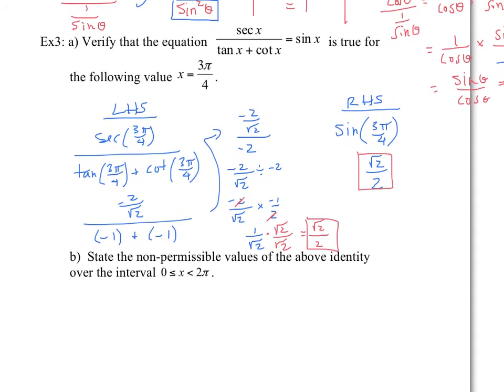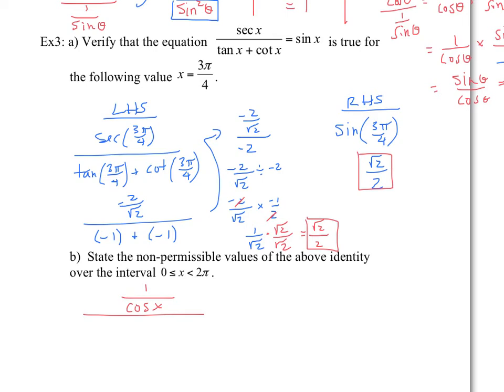Last part I want to do for this question is find the non-permissible values of this expression. For the right-hand side, first of all, there are no non-permissible values. There's nothing on the denominator. So I'm going to rewrite the left-hand side as 1 over cos x. We're going to have a non-permissible value here, because you can't divide by 0.